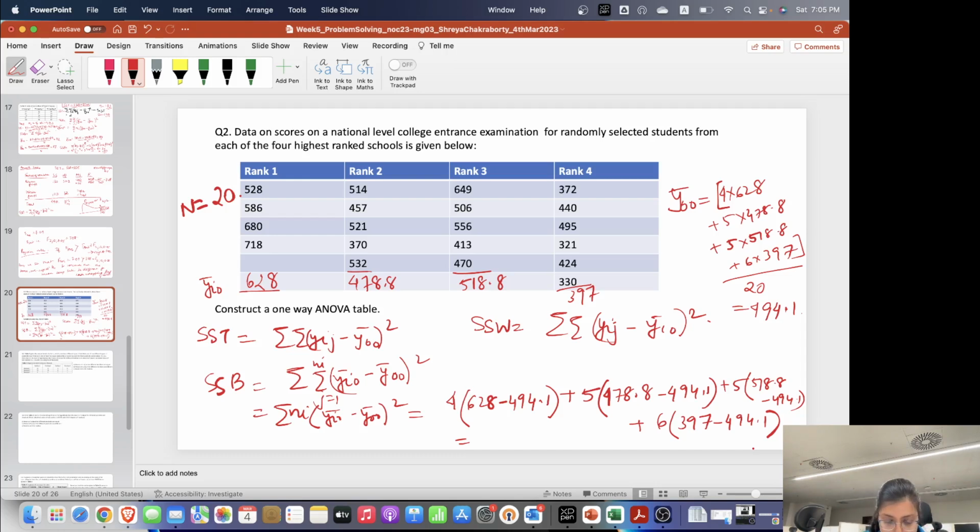Ma'am, is it 0? No, no, no, it should not be 0. Where are you getting 0? Kindly recheck. It's very unlikely, because a variance of 0 means it's actually a constant value.